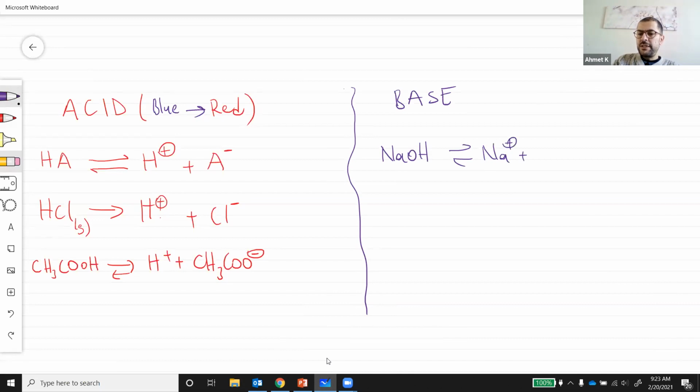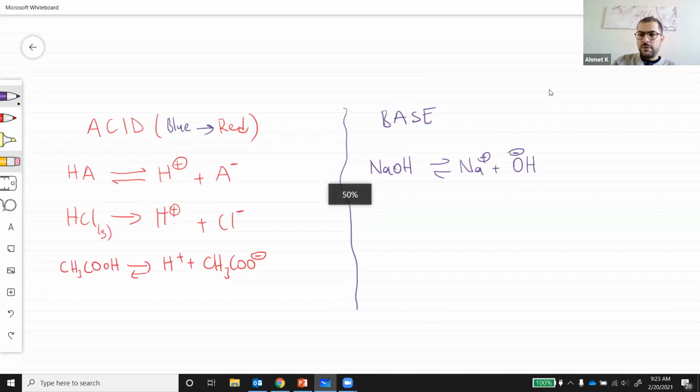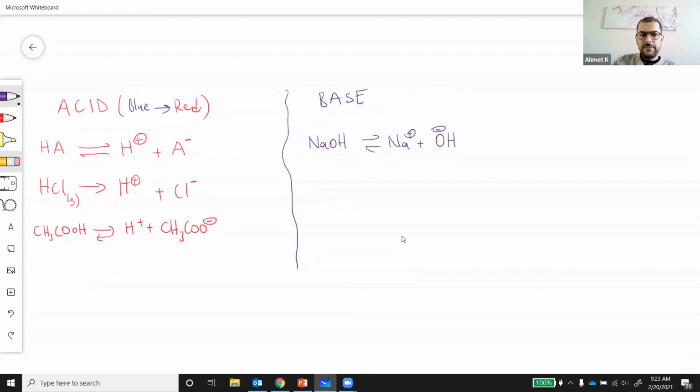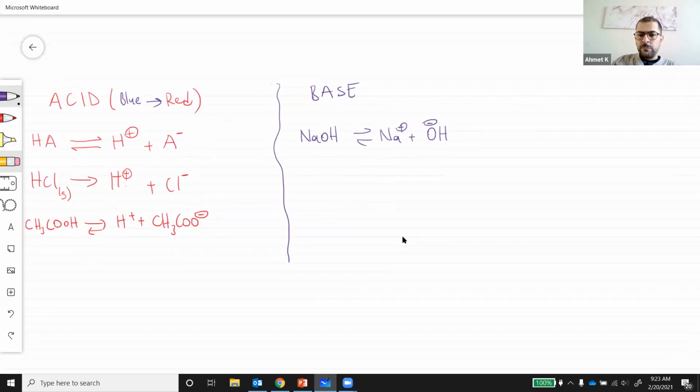What was the OH minus name? Remember the polyatomic name? Hydroxide. Very good. Again, this is hydroxide. Maybe I can zoom out a little bit. You can see it, right? Again, this is hydroxide.